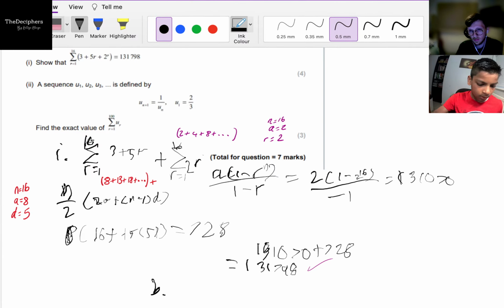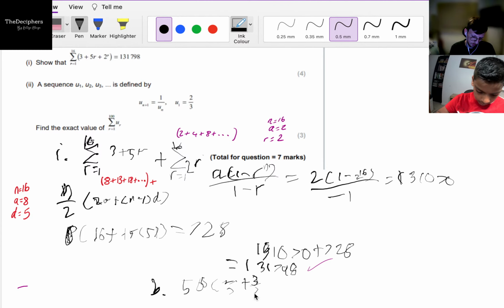Okay, so I guess what we can do is there's going to be 50 times the sum of the two, that's the period, 2/3 plus 3 over 2.